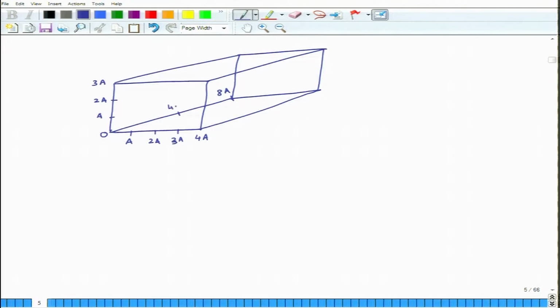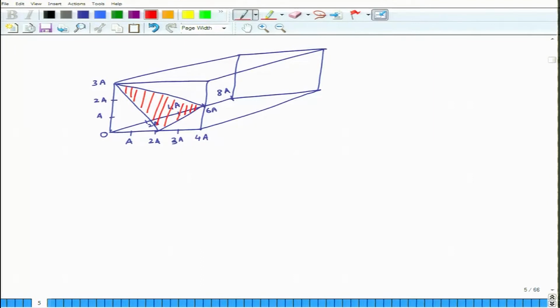So this will be 4a, and this is 6a and this is 2a. So I have a body which is something like that. And if I just connect these, this is my plane.